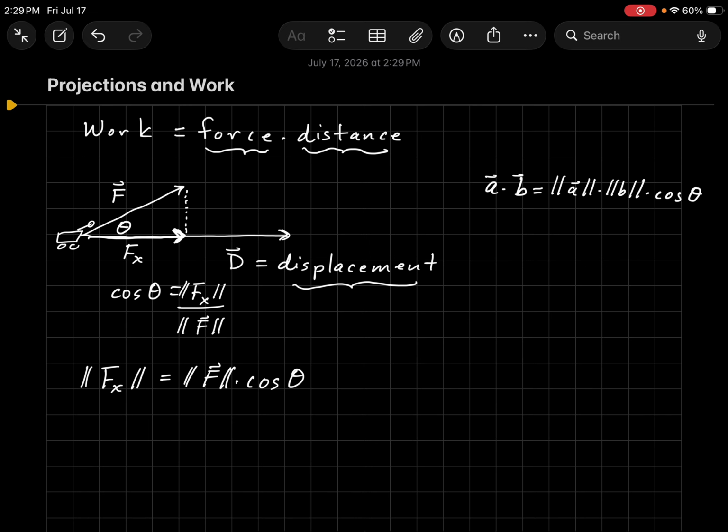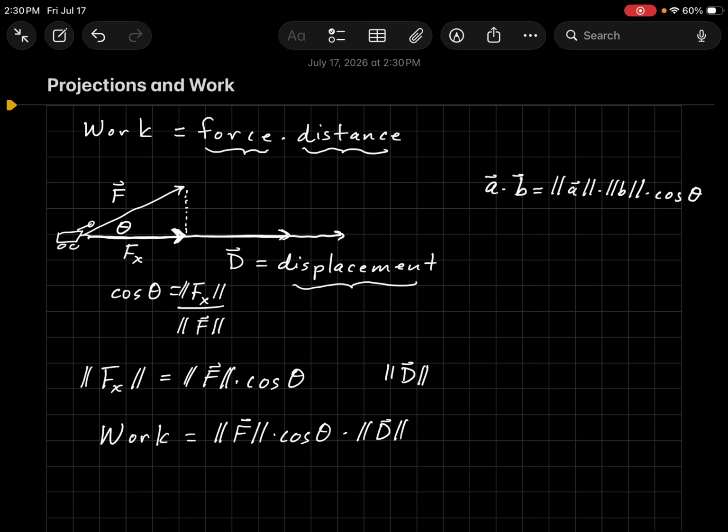Now, how far did we pull? So even though I drew the arrow here, we could have pulled any distance along this line D. And so the distance we pulled, that is the displacement, is going to be the magnitude of D. So our work is going to be force, the force in the x direction, that is magnitude of F cosine theta, times the magnitude of our displacement vector.